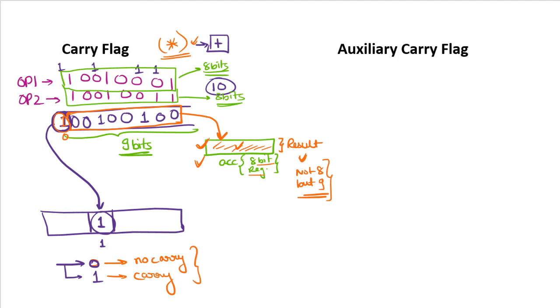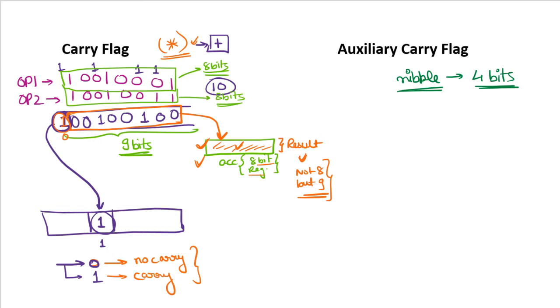I hope everyone knows nibble, right? What is nibble? Nibble is 4 bits. Whenever we do BCD arithmetic, we encounter nibbles, because we represent each decimal with a nibble.